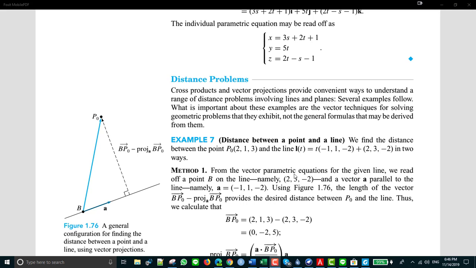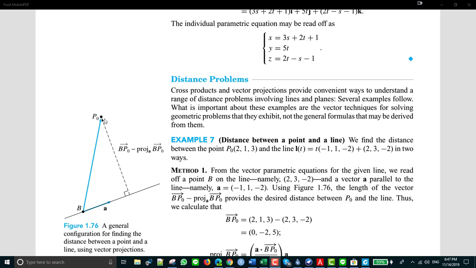They say from this equation, we can read off a point B, this one, and a vector A parallel to the line, namely this one. Using figure 1.76, the length of the vector BP0 minus this provides the desired distance from P0 to the line. Because BP0 is here, and if we subtract the projection onto this line, then we get this vector here.